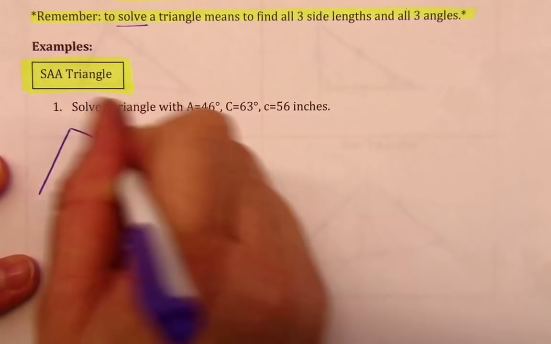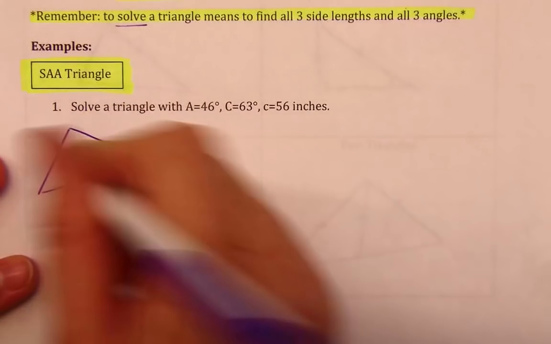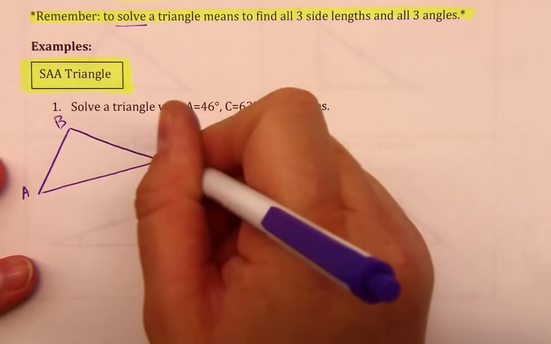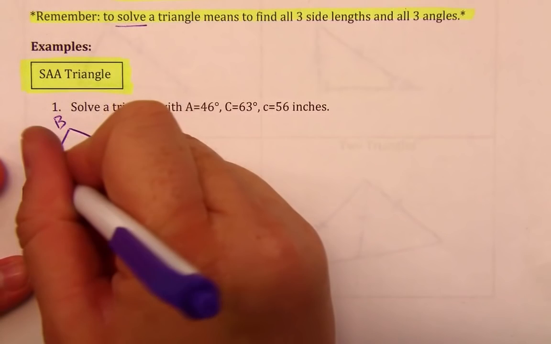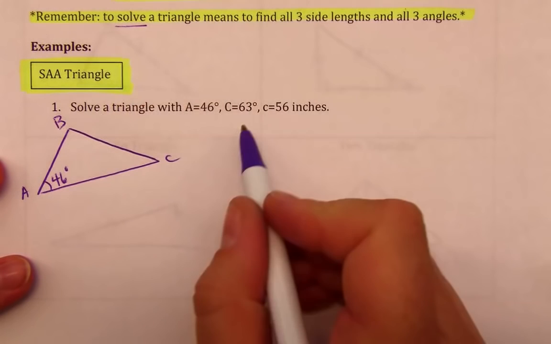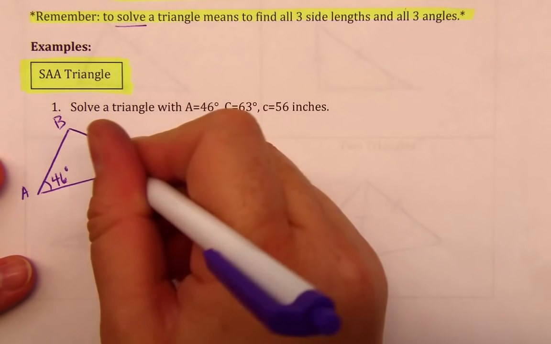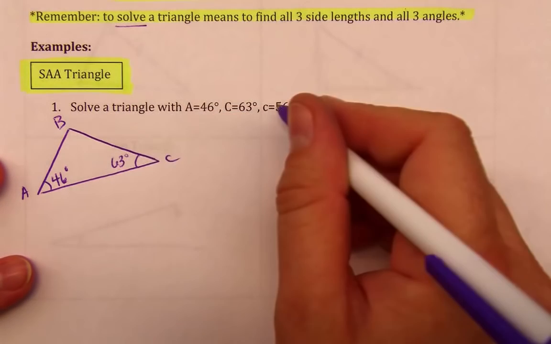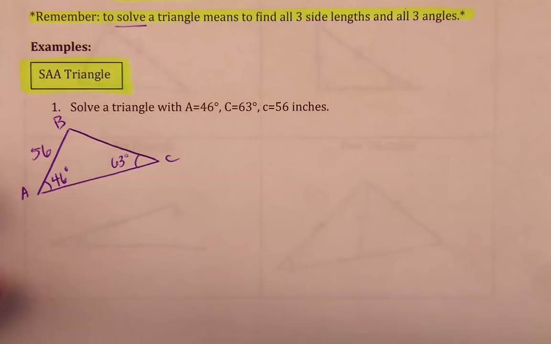So looking at our first example, if you recall from geometry, this means side, angle, angle. So we have a triangle here. We're going to set up A, B, and C. Angle A is 46 degrees. Angle C is 63 degrees. And side C is 56 inches.